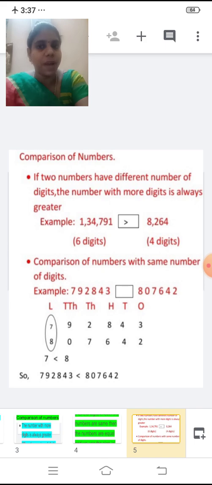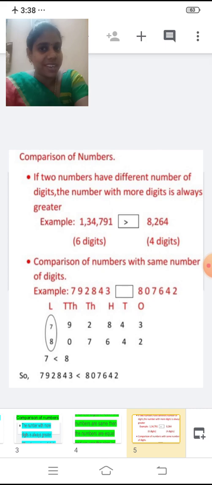So what is the leftmost part here? Lakhs place, right? Now we'll compare the lakhs place. In the first number we have 7 in the lakhs place. In the second number we have 8 in the lakhs place. Now tell me whether 7 is greater than 8 or less than 8. 7 is less than 8, right?